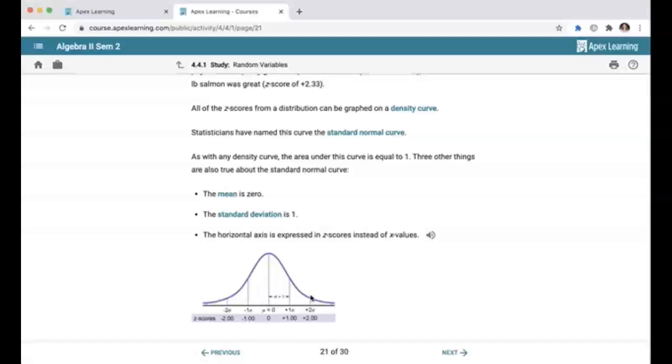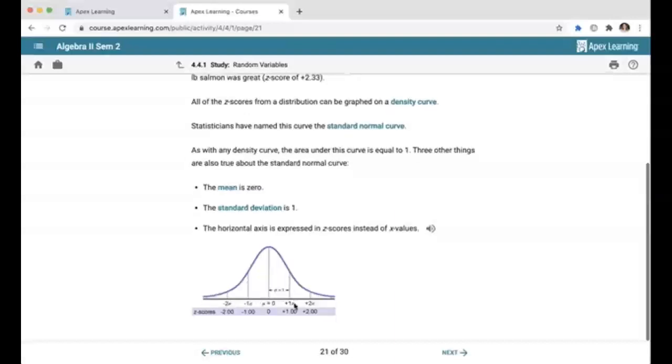It still has this bell shape like our fish example, but now instead of going from the low point of the fish to the high point of the fish, we're starting with our middle value being 0. Our standard deviation is 1, so we're going 1 standard deviation.